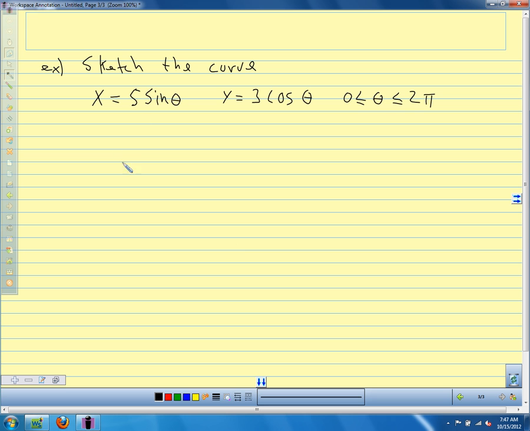Let me do something with this. We could do that. Let's do something a little easier. Let me write this. x over 5 equals sine theta. Does that give anybody an idea? No, not triangles. y over 3 equals cosine theta.